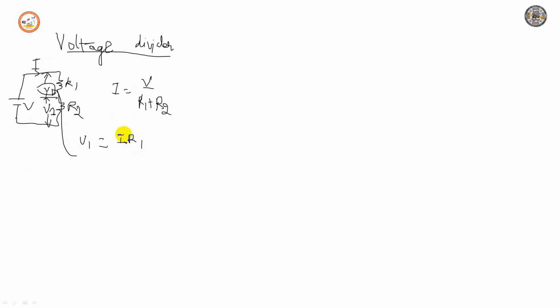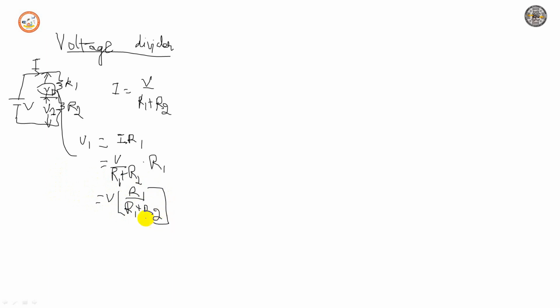But for this I, let me substitute the value from above: V by R1 plus R2, into R1. So V1 is equal to V by R1 plus R2 into R1. You can rearrange this and take V outside, so V1 is V into R1 divided by R1 plus R2.